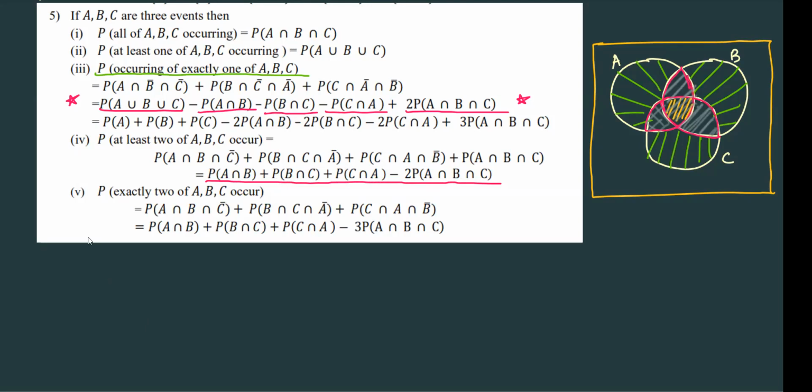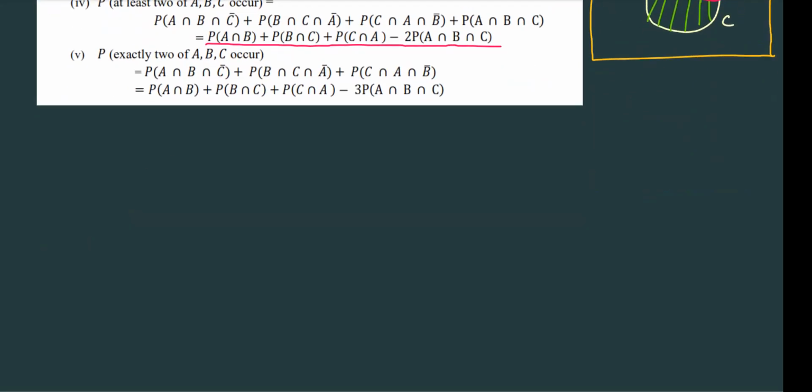Now suppose the question is exactly 2 of A, B, C. Now when you say exactly 2 of A, B, C, it will be this region.